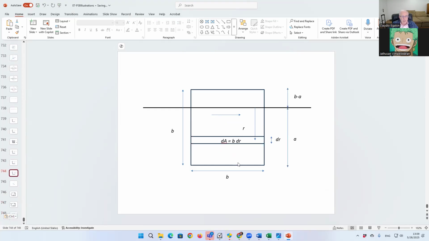I draw this rectangle that has a side b and another side equal to dr. Here you go, dr here.